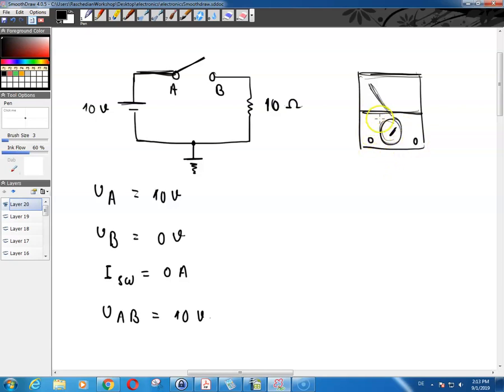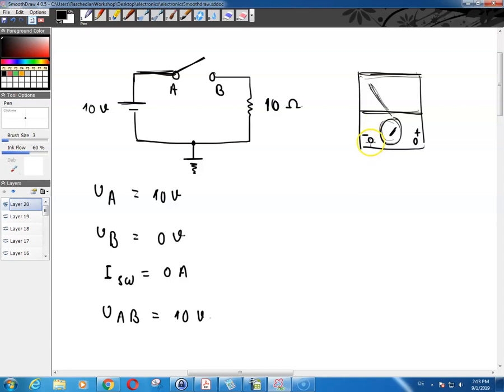One of them is negative, one of them is positive. This is usually a red probe or a red piece of wire connected to this positive one, and usually a black piece of wire is connected to this negative one.